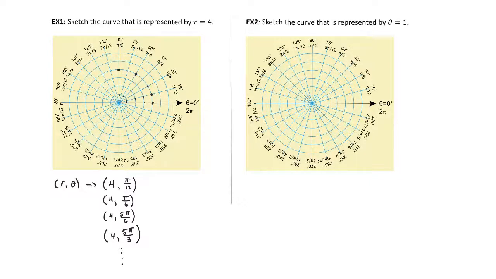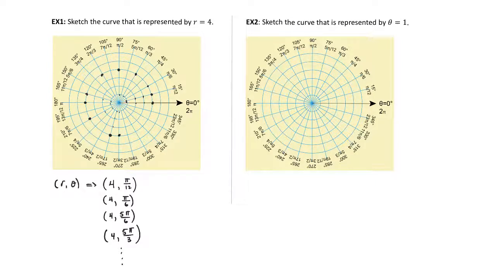Then let's do 2 pi over 3, 1, 2, 3, 4. And then let's go to 11 pi over 12. Again, I am skipping a few angles. 1, 2, 3, 4. Let's do pi. 1, 2, 3, 4. And then let's do 7 pi over 6. Hopefully you can start seeing exactly what is happening.